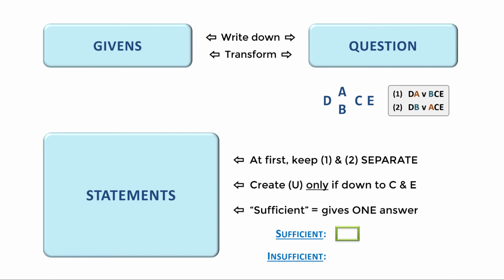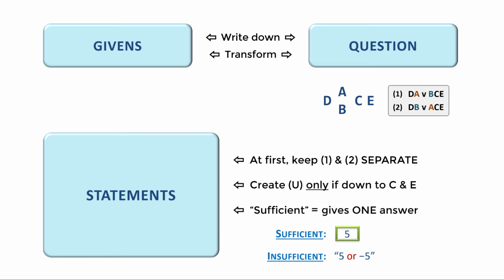It presents two or more alternatives rather than a single answer. If the question asks for a numerical value, a statement is sufficient if it yields a single value. For example, the number 5. An insufficient statement would give us more than one value, for example by saying the answer must be 5 or negative 5.